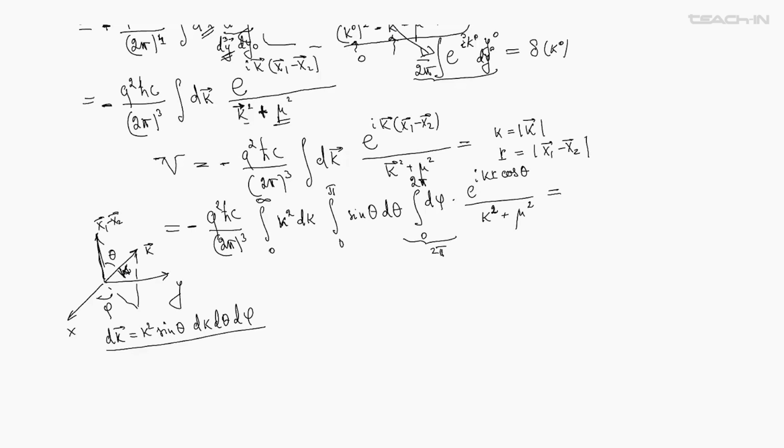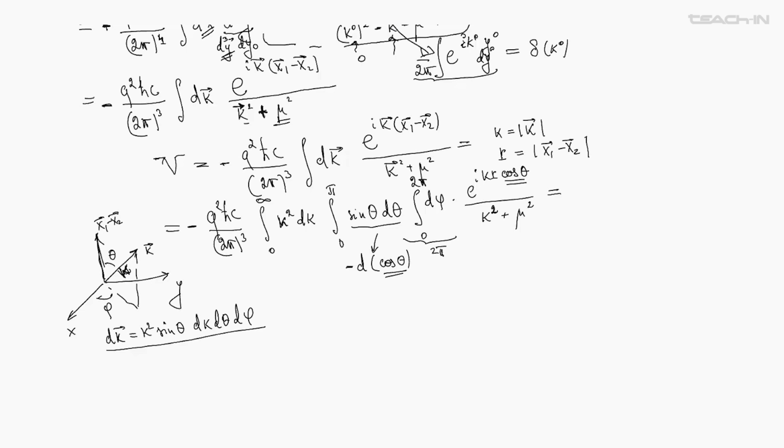That's because measure sine theta d theta is simply minus d cosine theta, which is very convenient because cosine theta is standing just in this exponential. So you can make a change of variables, making cosine theta a new variable. So that's easy.